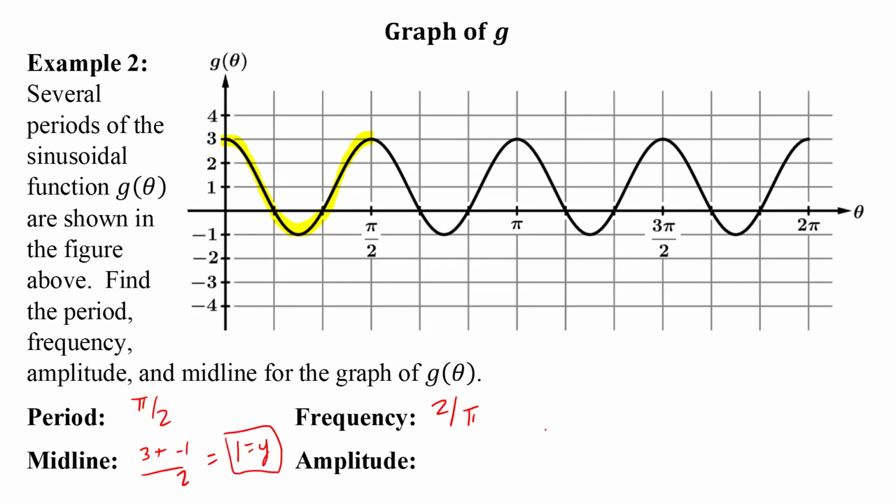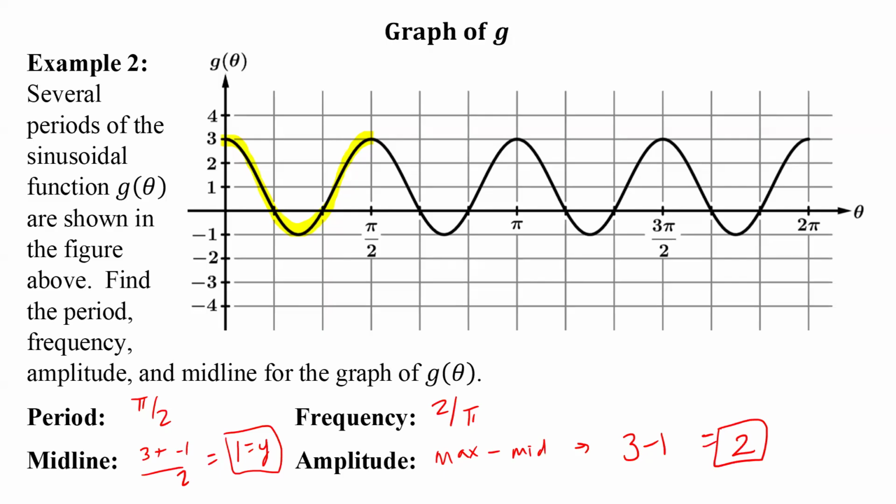Your amplitude is your max minus your midline, or your midline minus your min. Does it matter which way you do it? No. So I'm going to do max minus mid, which leads me to 3 minus 1, which equals 2. How we do? Easy? All right.